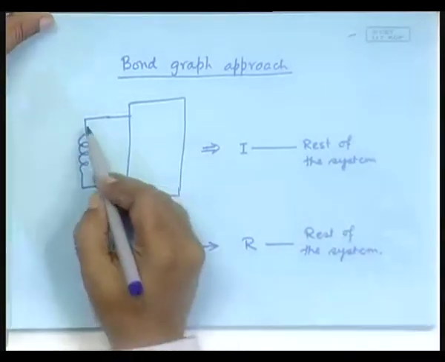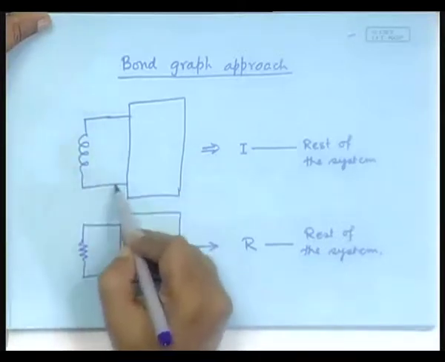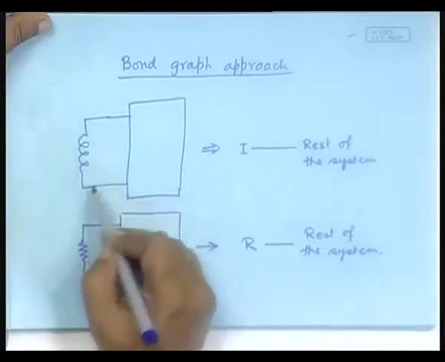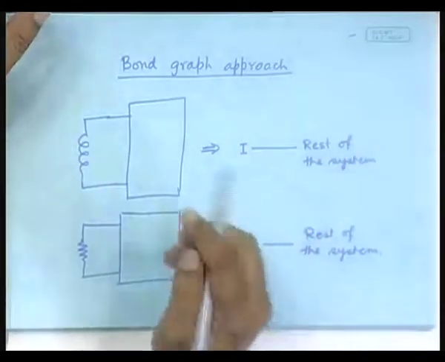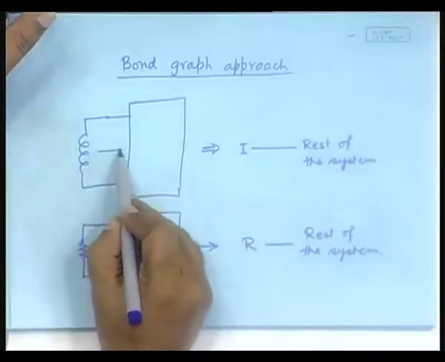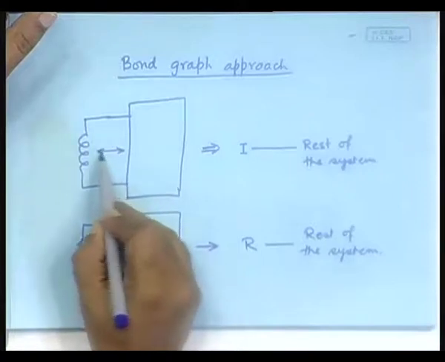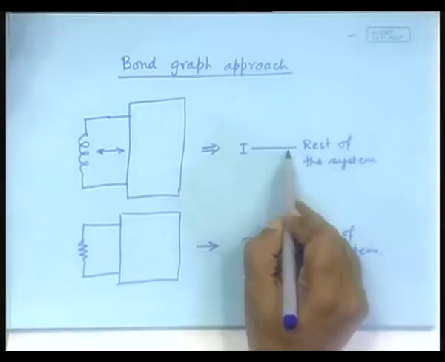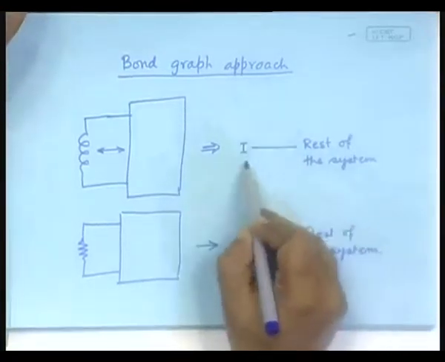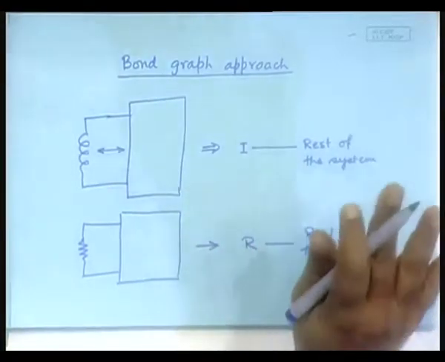Now, notice, even though the inductor has two extremities, we are not drawing it with two extremities, because essentially we are abstracting it. What does it do? It exchanges effort and flow. So, it is sufficient to represent that by one bond. So, never do it like this, one side of I, another side of I, no, it is not like that.